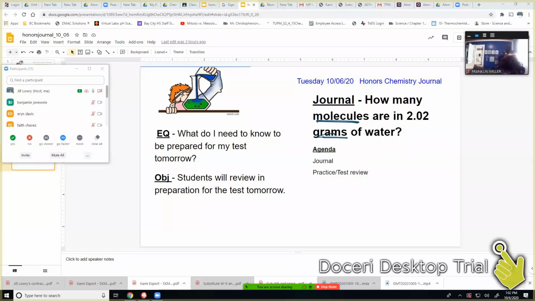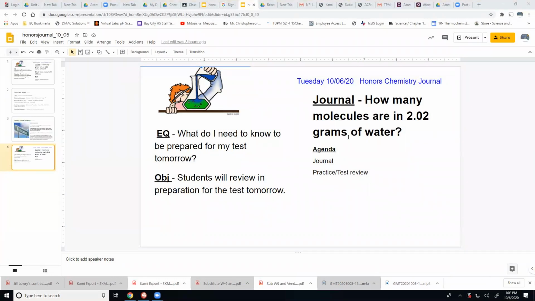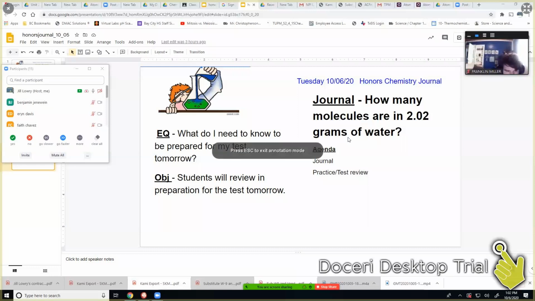Molecules tells me we're going to have to, Angel, what do we need to do every time you come in here? Yep. Molecules tells me I'm using Avogadro's number. Grams tells me I'm using molar mass. And those little hints kind of help you out.